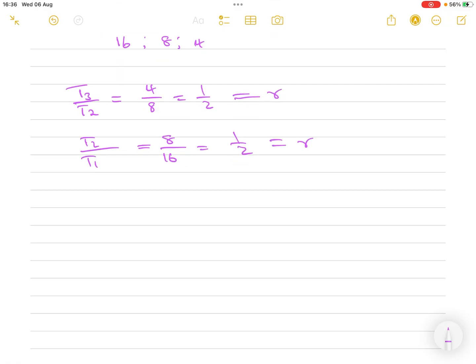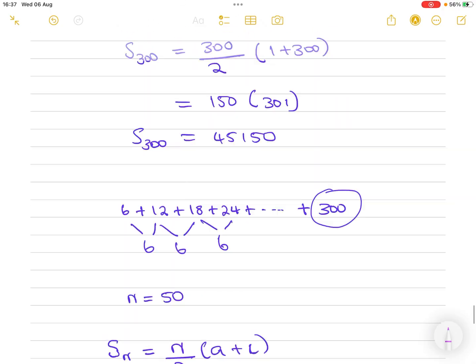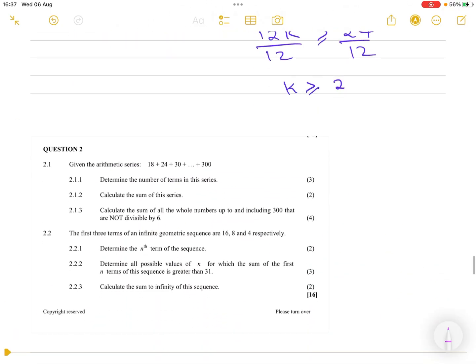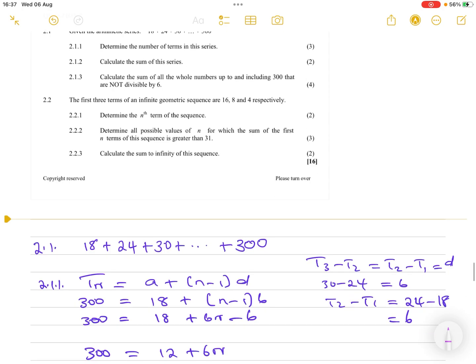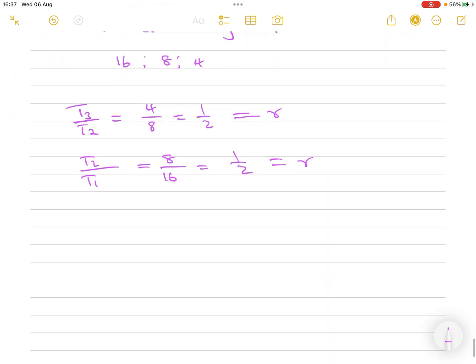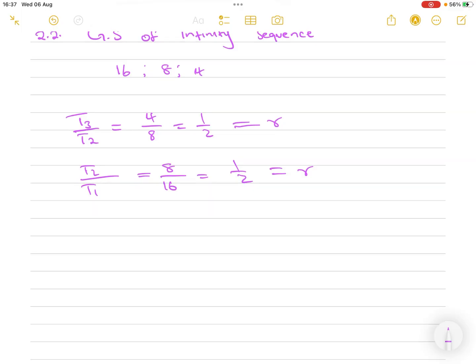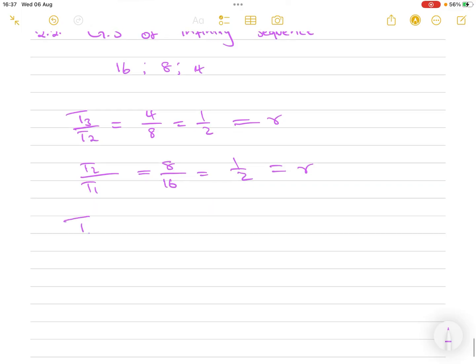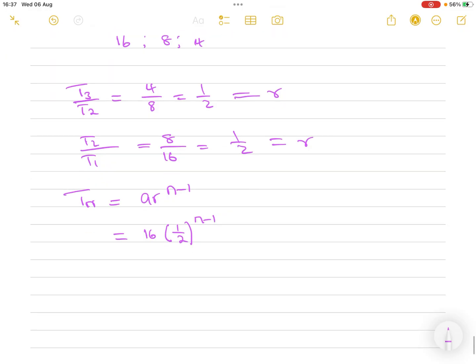So in this case, if they want, is it a general term? Let me check. Yeah, it's an nth term, so it's a general term that they need. So this sequence is exponential, and it is of this form, ar to the power of n minus 1, where the first term in our case is 16, and the r in this case is half to the power of n minus 1.